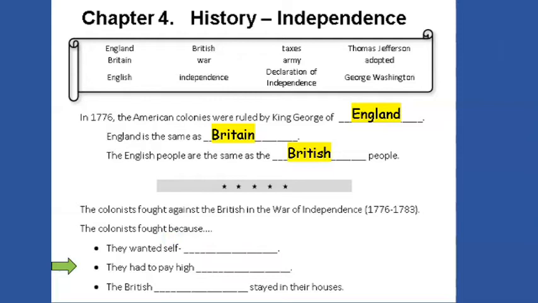Look at your paper. The colonists fought against the British in the War of Independence. The colonists fought because they wanted self-government. Say the sentence, they wanted self-government. They had to pay high taxes. Say the sentence.